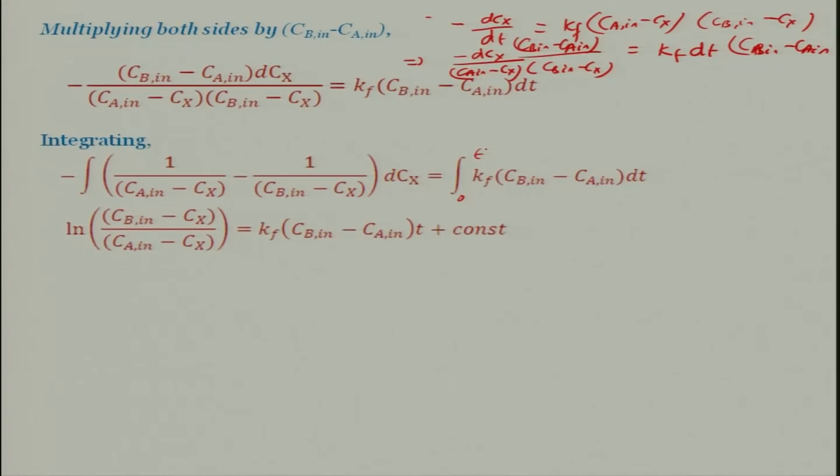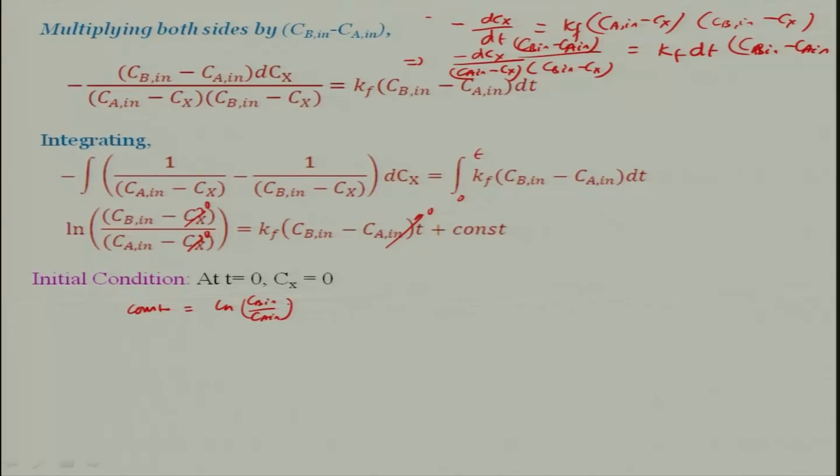So at t equal to 0, these terms will be 0, and what I will get is ln, with the constant equal to ln Cb in by Ca in, because this is 0, this is 0, and that is nothing but ln b.